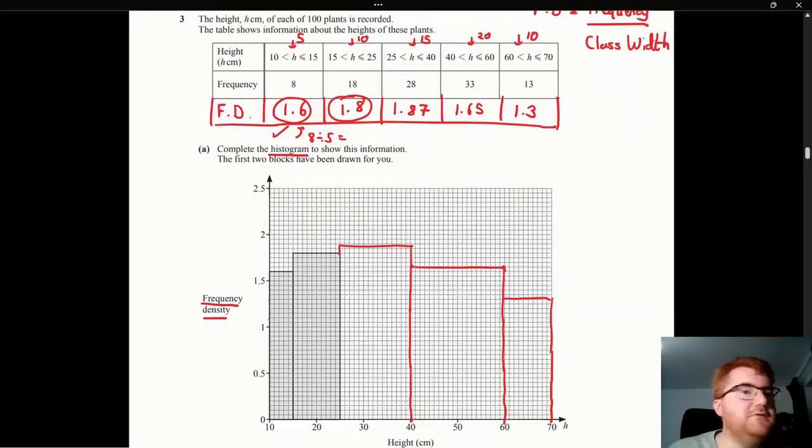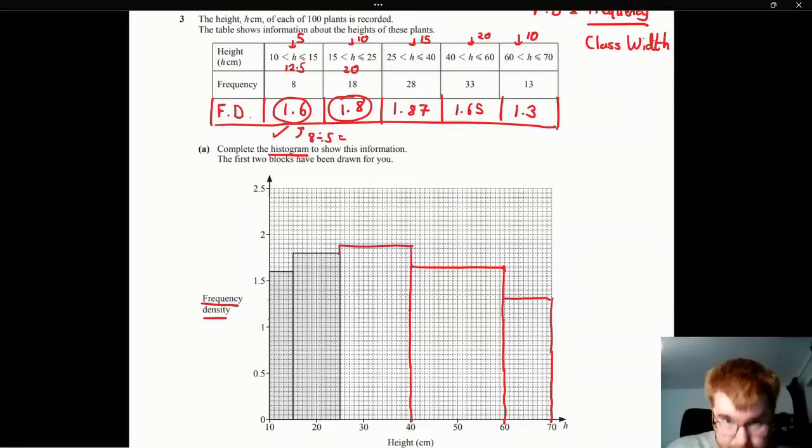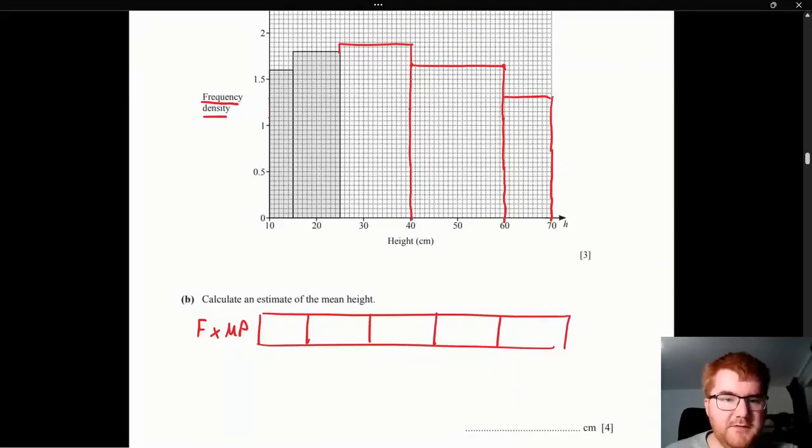So we're taking the middle. So don't take what we just did here. You want the middle of this. So you've got 12.5, 20, 32.5, 50, and 65. And we just do 12.5 times 8. So again, that's just going to be 100. But you can always check on your calculator. So we get 100 here.